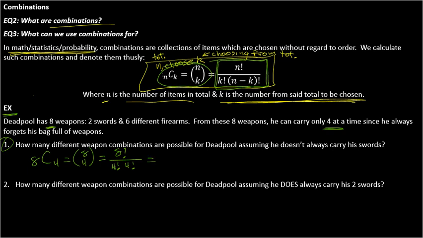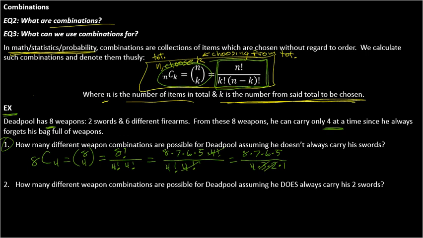We're going to use our little shortcut we saw earlier: 8 times 7 times 6 times 5 times 4 factorial, all of this over 4 factorial. Oh, and I forgot there's a second 4 factorial here. So only one of those canceled out. So we've got 8 times 7 times 6 times 5 over 4 times 3 times 2 times 1.